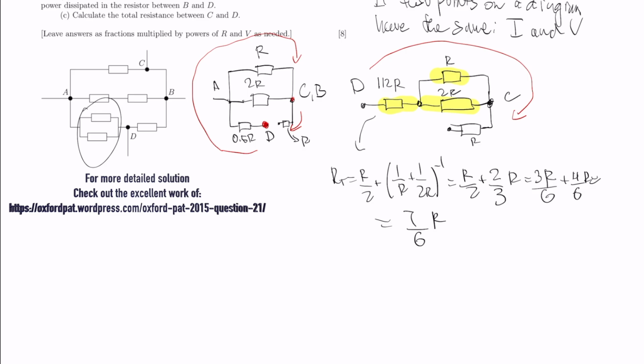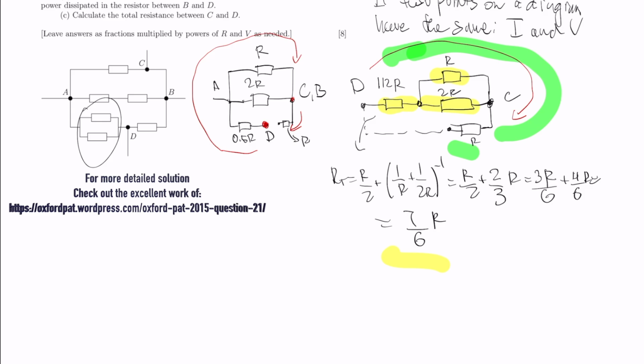Now, this is only for the highlighted bits, so it does not include this resistor across here. So for the whole thing, let's imagine that in the real world there's no gap between those 2 points. So we can imagine completing the circuit this way, which it is actually on the diagram.